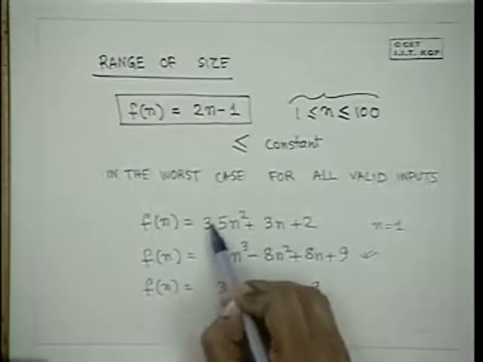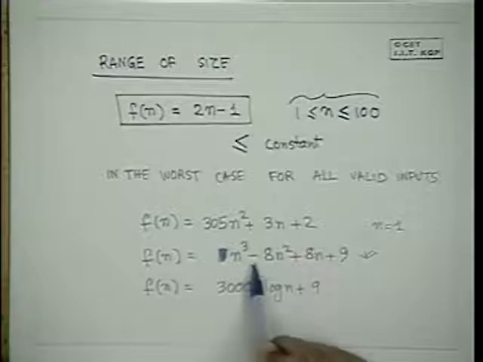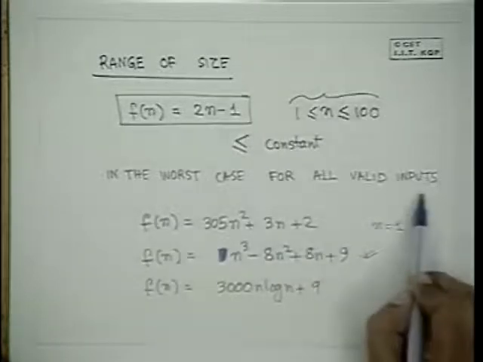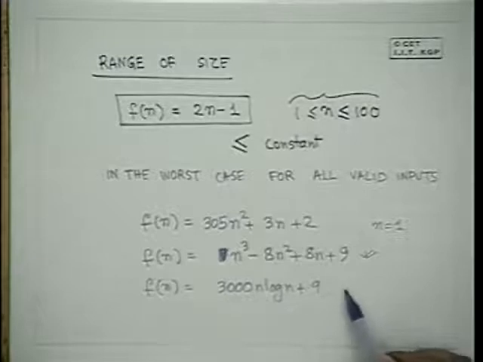Let us make this also bigger, 305 n square. Now when n becomes slightly more, this will become better. But we are analyzing for all valid inputs. When n tends to become very, very large, then this will be best.